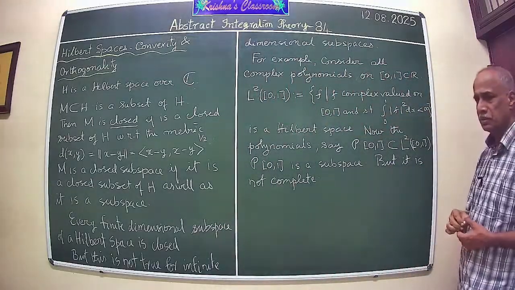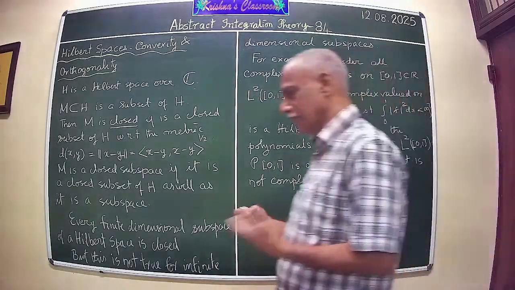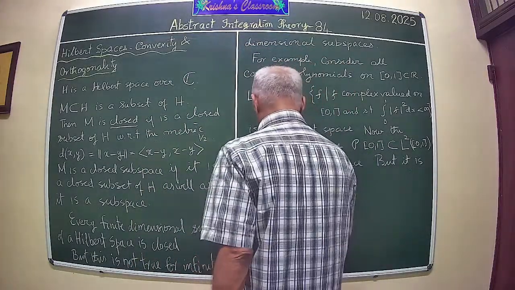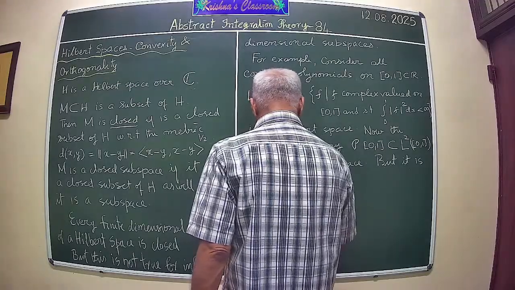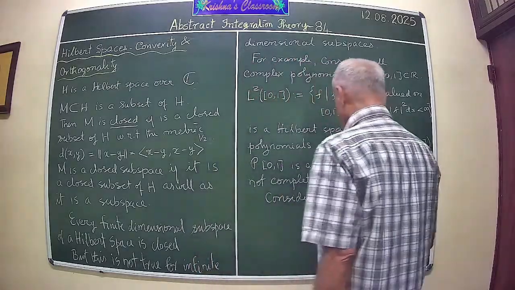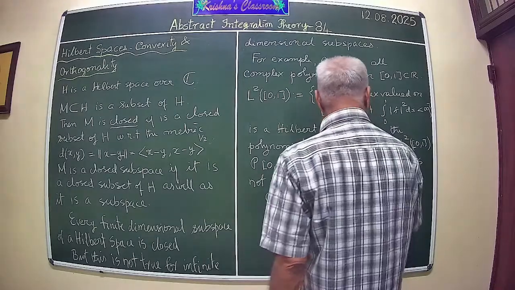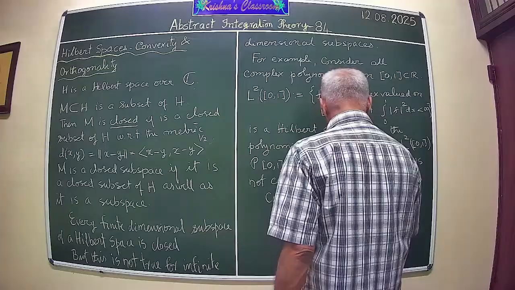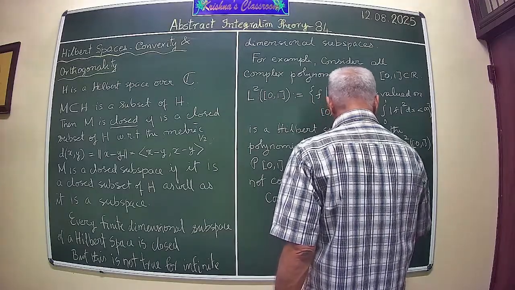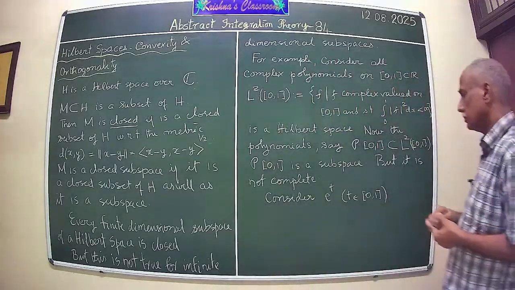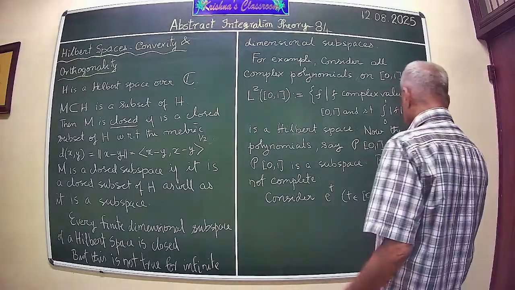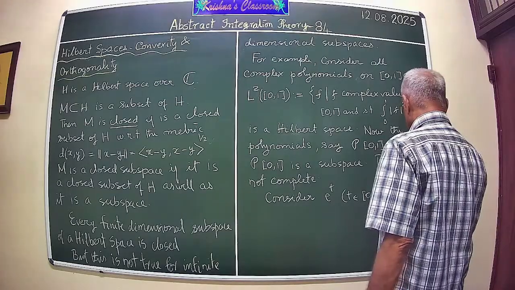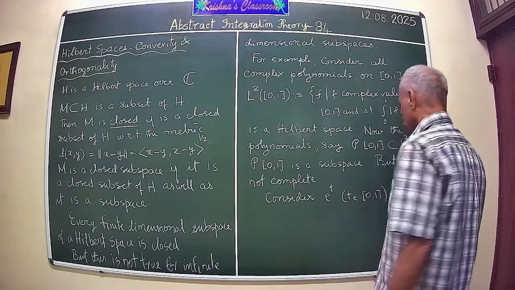Quite easy to construct an example. e to the power t on 0, 1. This is an element of L2 0, 1. This is quite easy.